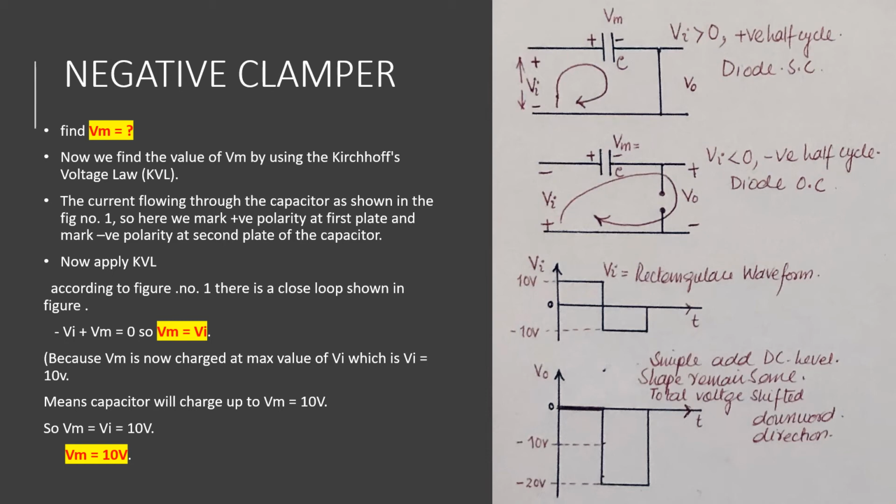So Vi is equal to 10 volt, means the capacitor will charge up to Vm, and Vm is equal to 10 volt, which is shown in Vi in the rectangular waveform. So Vm is equal to Vi and Vm is equal to 10 volt.